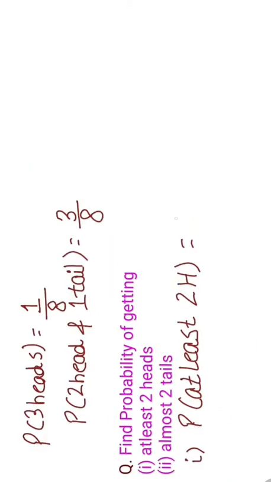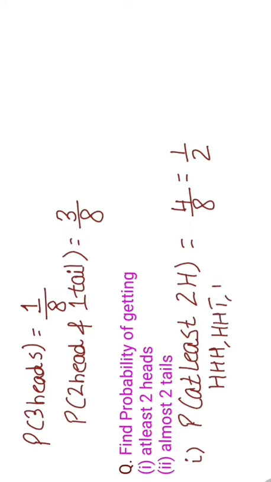So total number of favorable outcomes will be 4 divided by total number of possible outcomes 8. So probability will be 1 by 2. Which are the favorable outcomes here? HHH, HHT, HTH and THH. These are the 4 favorable outcomes here.